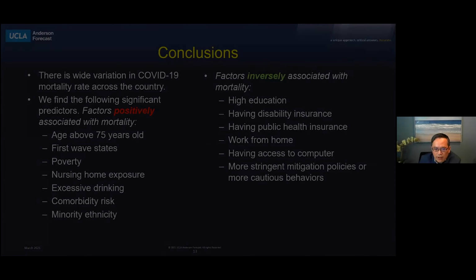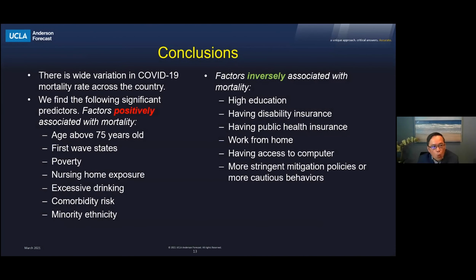Okay, finally, conclusion. So there's a wide variation in COVID-19 mortality rate across the country. And we find the following significant predictors. Factors positively associated with mortality rate are age above 75 years old, first wave states, poverty, nursing home exposure, excessive drinking behavior, comorbidity risk, and minority ethnicity.